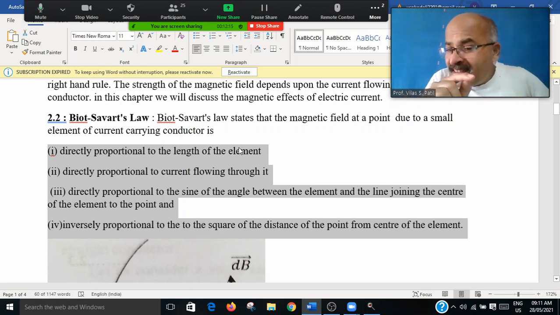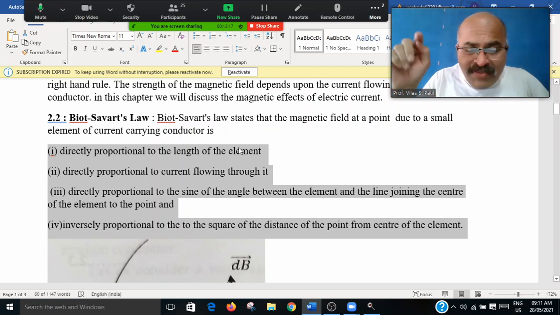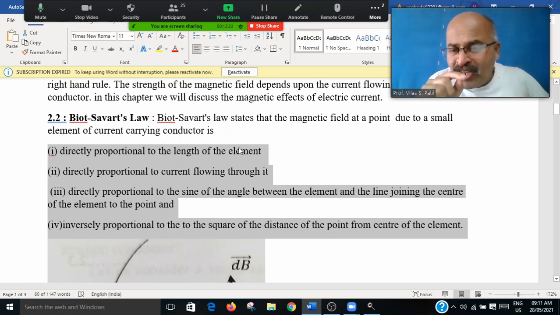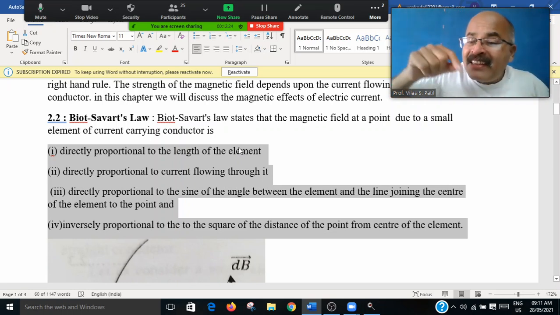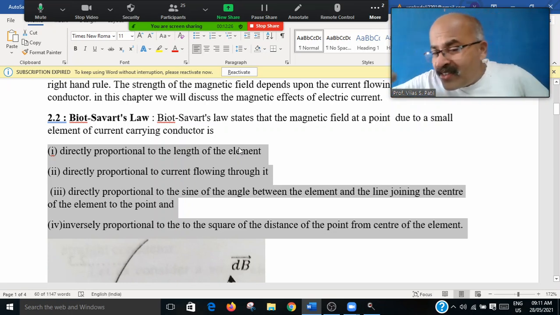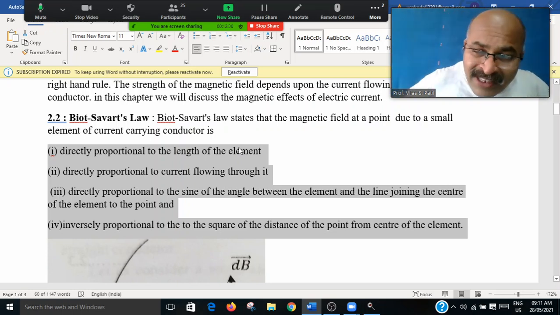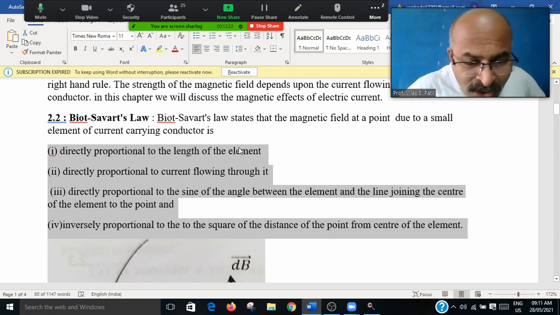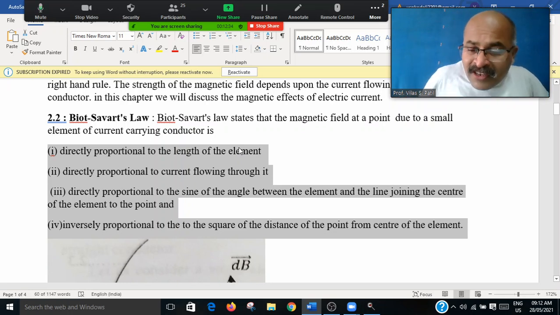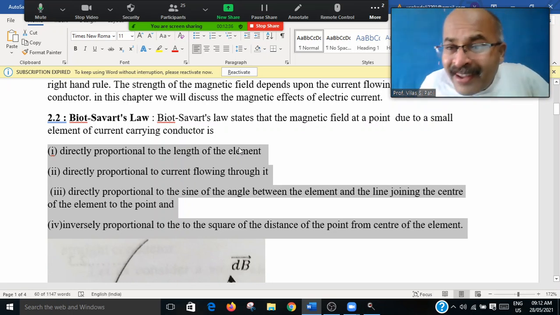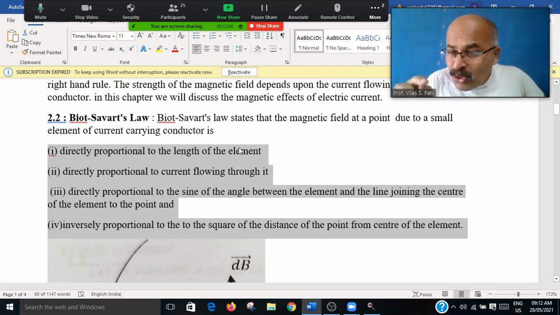That is, it depends on sine theta, where theta is the angle between the line joining the center of the element to point P and the conductor. And it is inversely proportional to the square of the distance between the center of the element and point P.